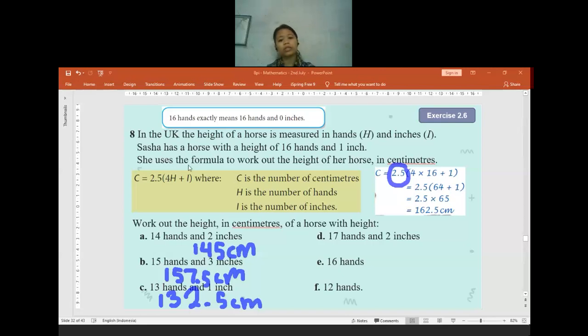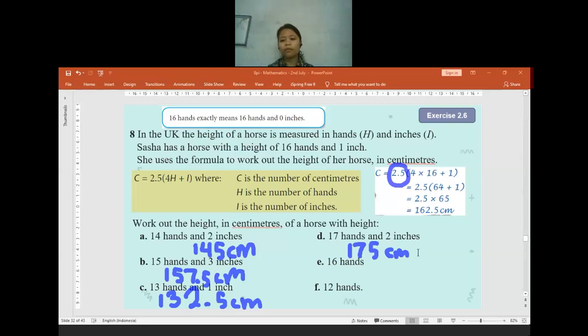Let us continue to question D. How many centimeters will it be for question D? 175. Is there anyone who got a different answer? Some of you got a different answer, so maybe we need to discuss it.